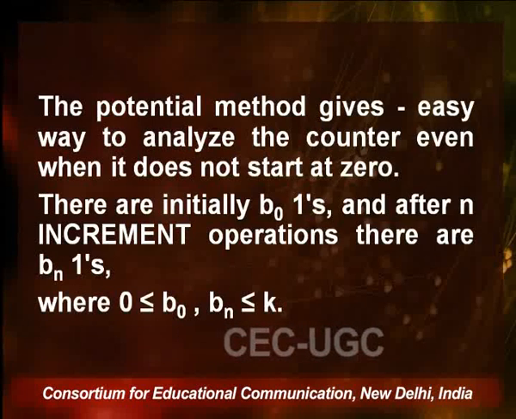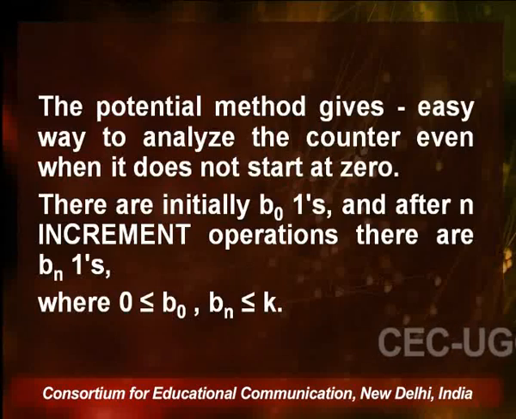The answer is yes. The potential method gives an easy way to analyze a counter even when the counter does not start at 0. This facility is not available for the other two techniques. If the counter is not starting at 0, the other techniques will not be able to give an easy way to analyze the amortized cost.